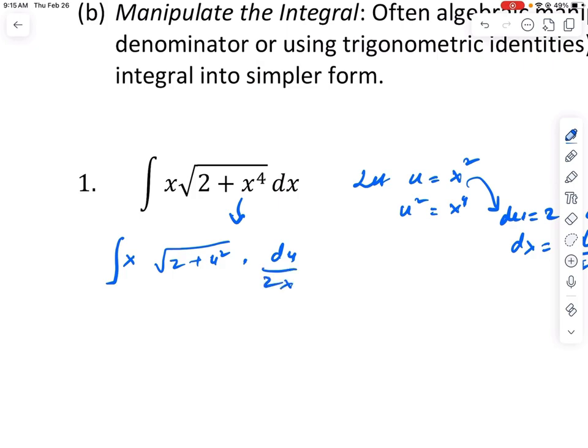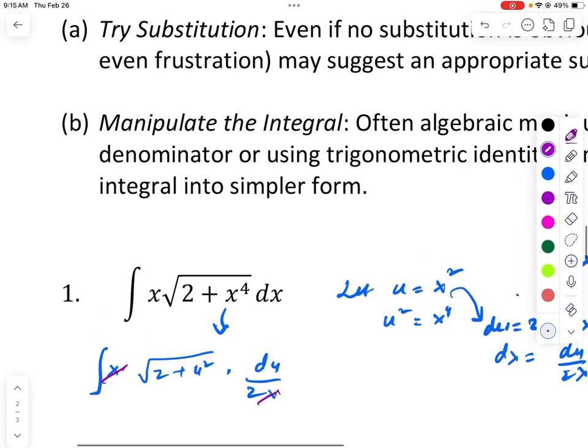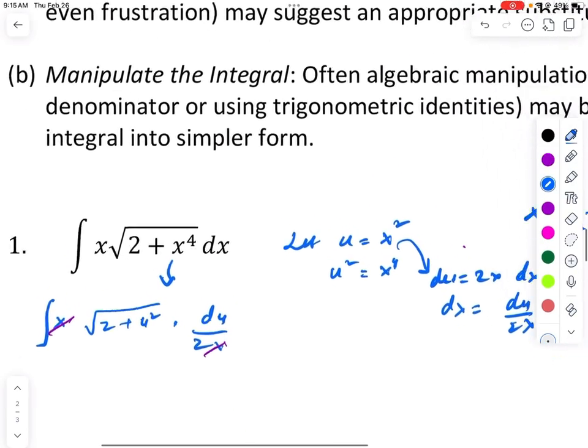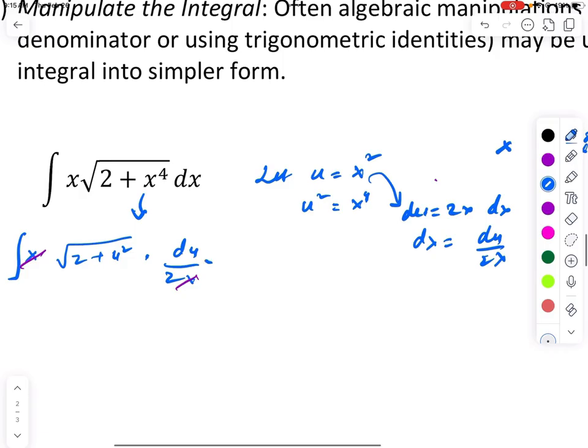Now you see the x and the x get cancelled, and we are left with the integral of the square root of 2 plus u squared du with a 1/2 outside.